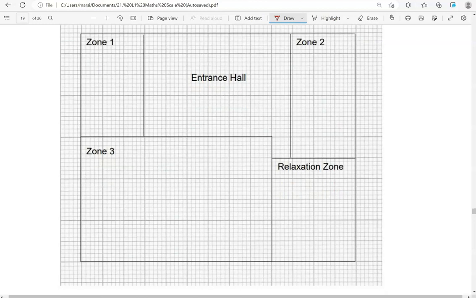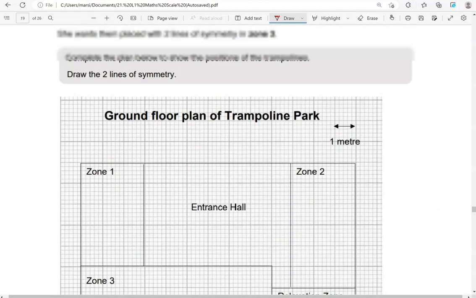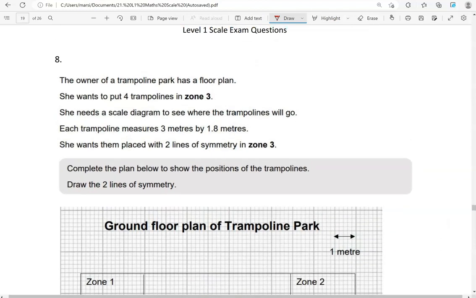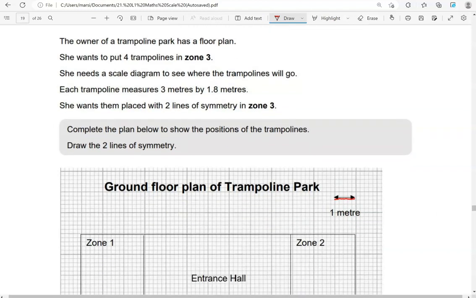So here is zone 3. We're given that the square length is 1 meter. So each trampoline will be 3 square lengths by 1.8 square lengths.